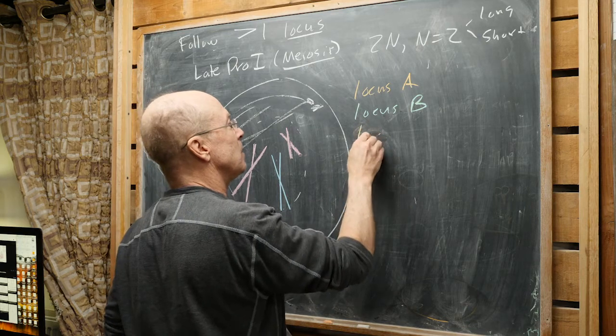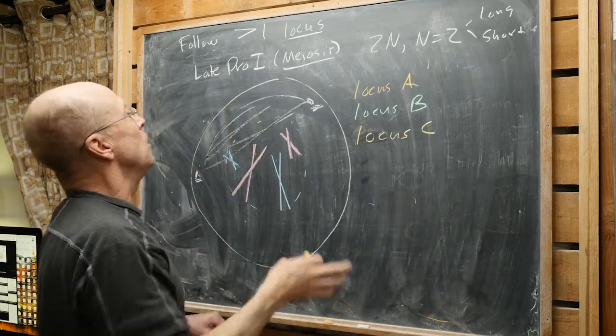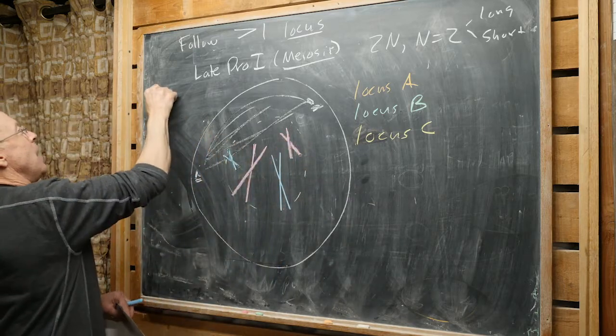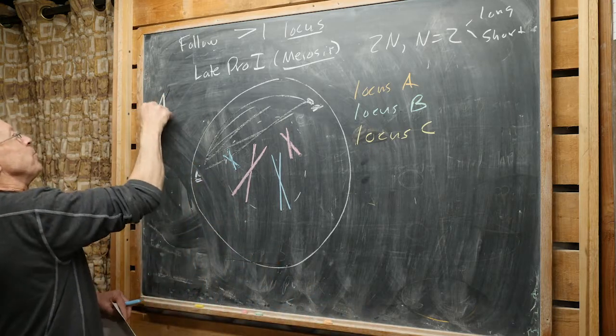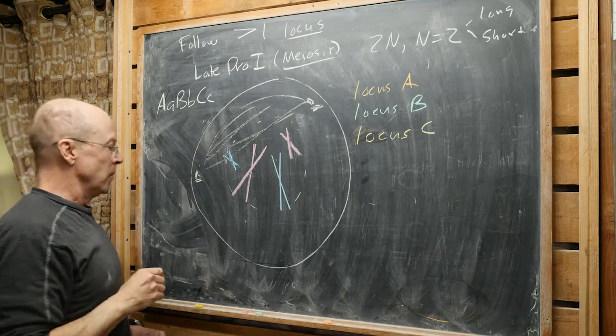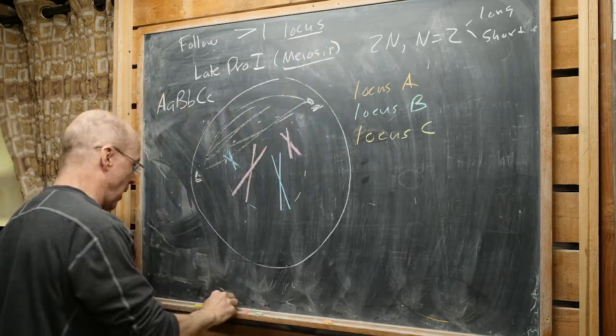God, that looks kind of like orange too, but I'm going to try it. Locus C. What I'm going to produce for you here is, I'm just going to write it in white: big A, big B, big C, little c. So we're actually following, in this case, 3 loci.